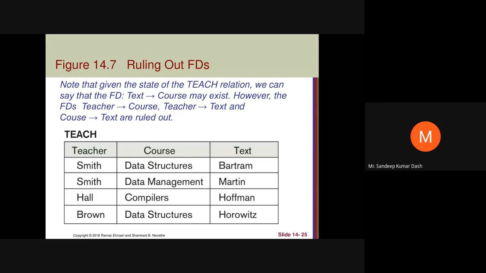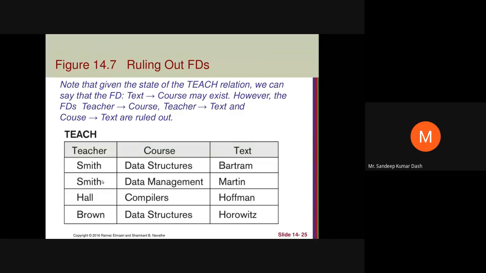So how do I ascertain that this is a valid functional dependency? Take any two tuples. Say I am taking the first two rows. Tuple means row. T1 bracket teacher, what is the value? Smith. T2 bracket teacher, what is the value?